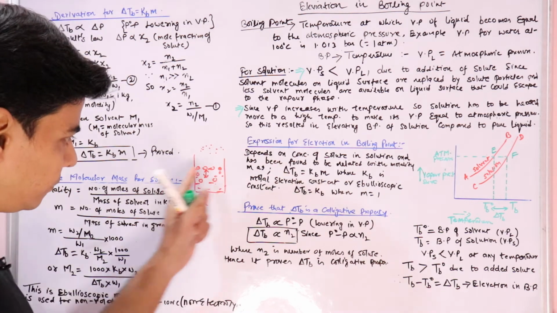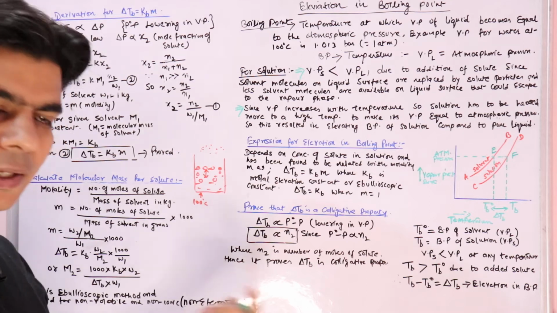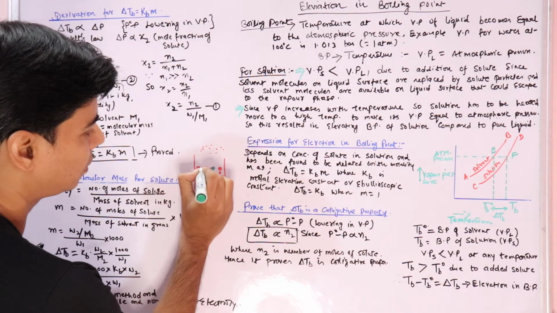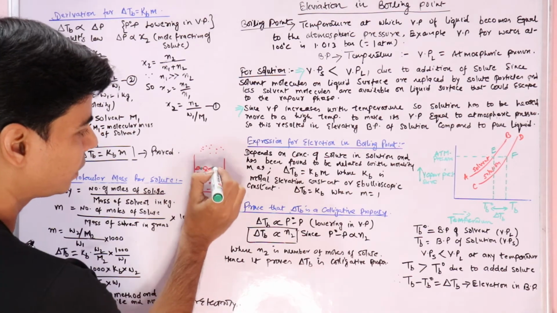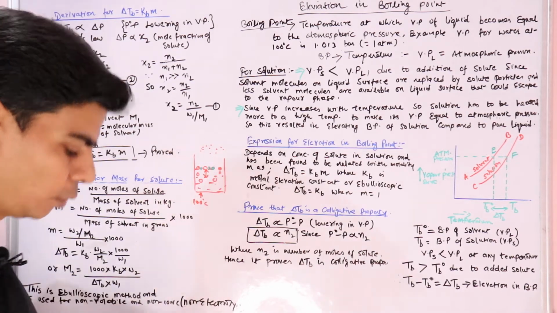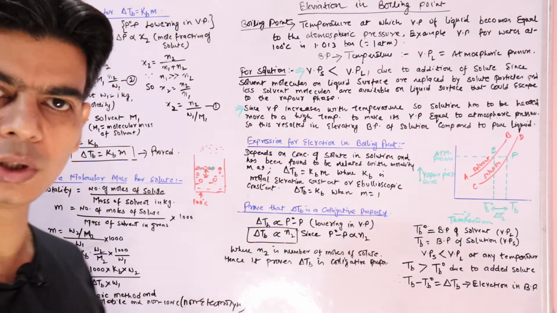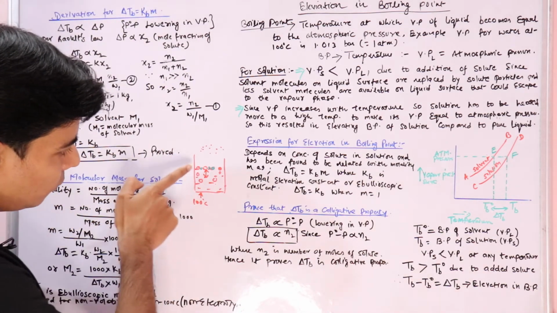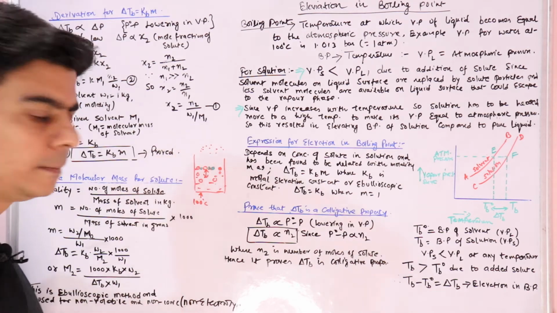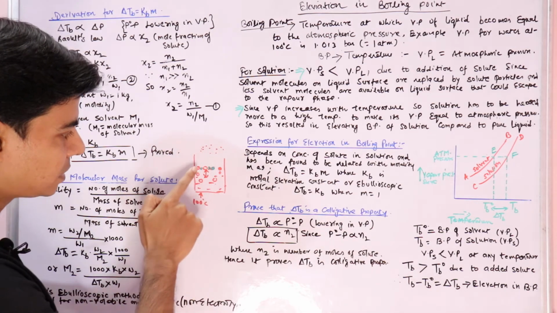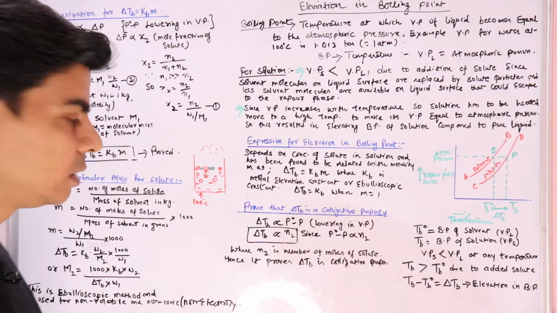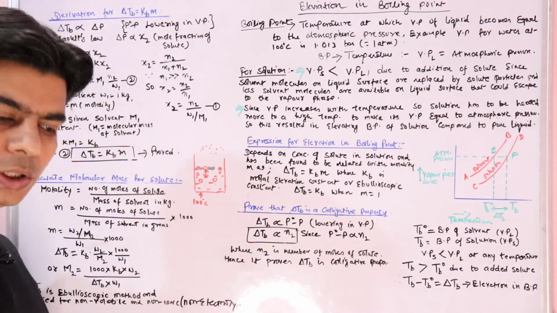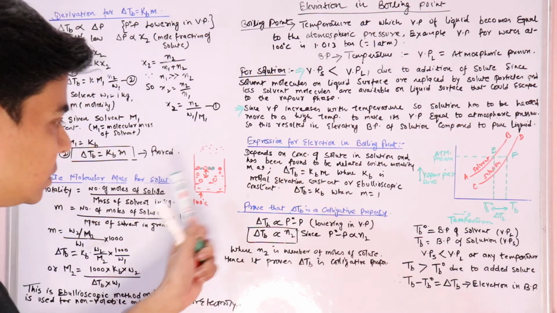For example, before there were 10 molecules, but when you add solute, some of the solvent molecules are replaced by solute particles, right? So these liquid molecules are replaced by these green solute particles, and thereby the number of solvent molecules at the surface is decreased.